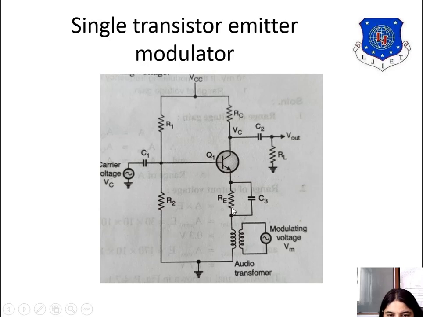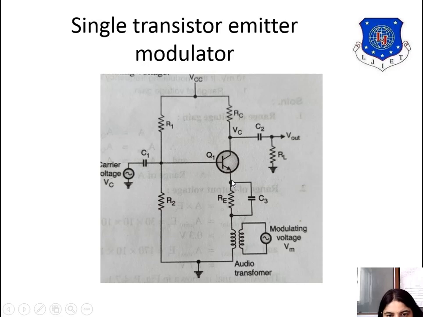But when the modulating signal is applied through the emitter end, the transistor will operate as a non-linear device, and multiplication of the carrier and the modulating signal will take place. So the gain of the amplifier also depends upon the modulating signal voltage.